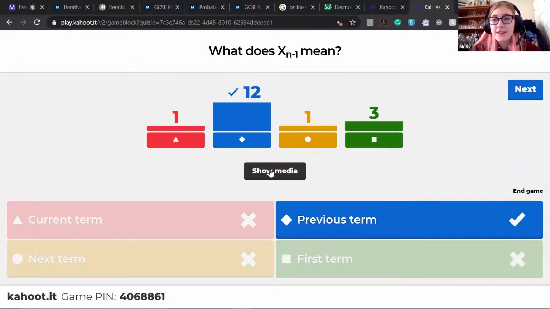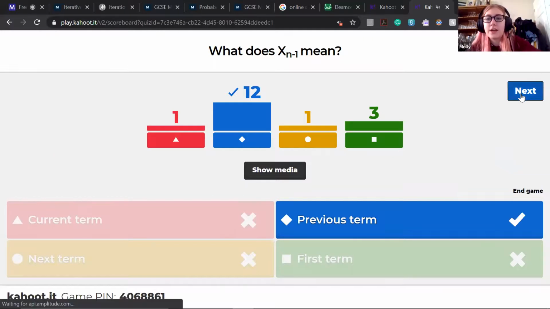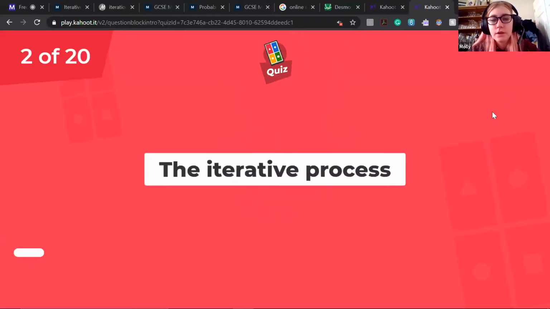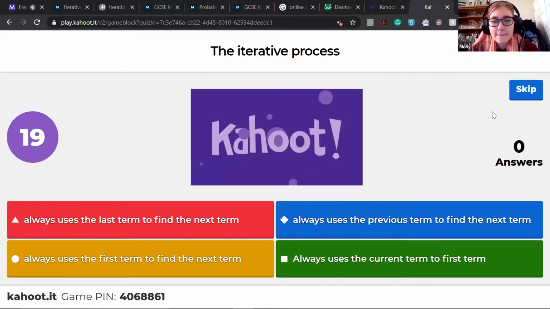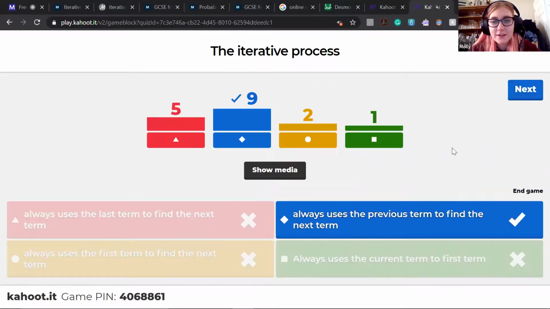Yeah, brilliant. The previous term. So we have xn is the current one, and then either side xn minus 1, xn plus 1. These all read quite similarly, so give it a good check.